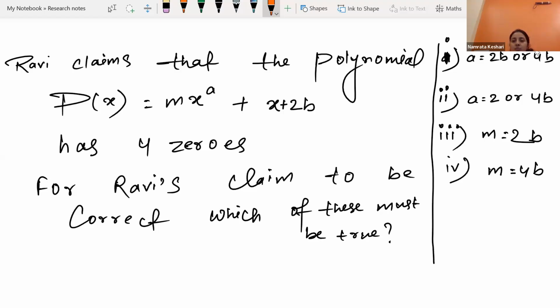Option 2 is not correct at all, right? Okay, option 3, m is equal to 2b. The teacher said that the first option was right, but I don't know how. Okay, we are checking it. m is equal to 2b, m is equal to 4b. No other information is given, right, Maha?